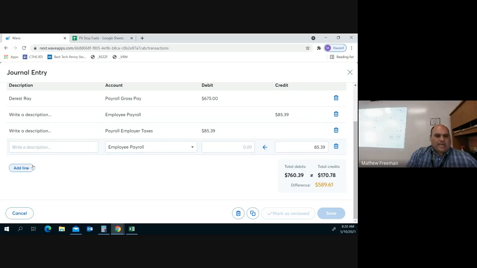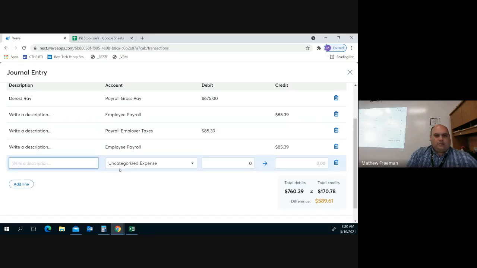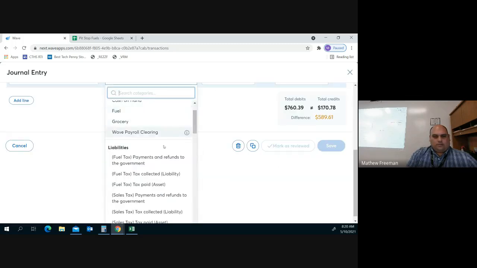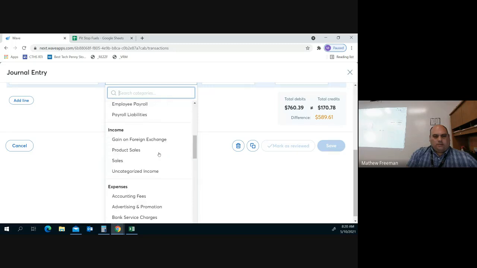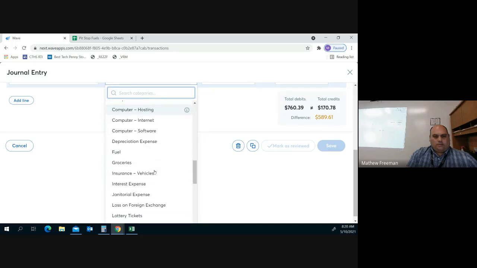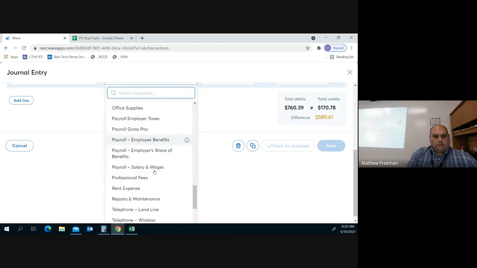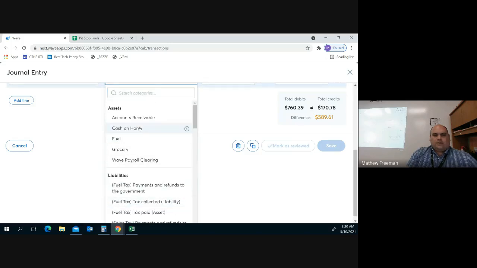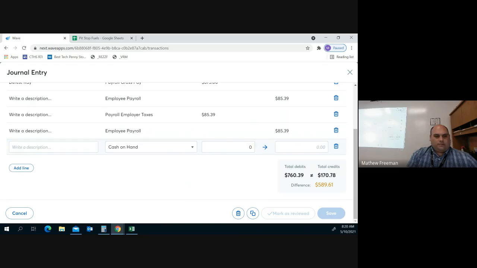And then we just need to add in the cash on hand, which is the amount that we're paying out.